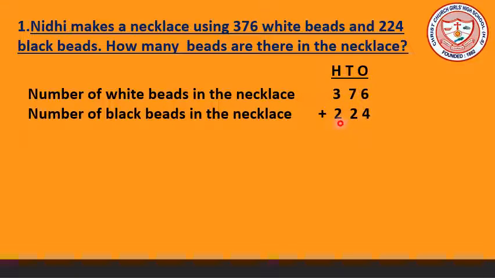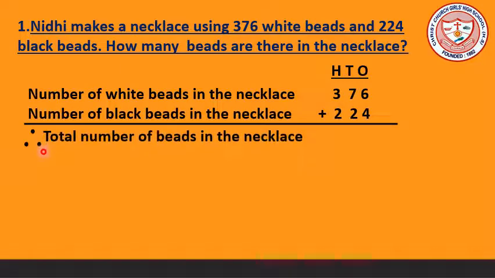Now, therefore, total number of beads in the necklace, 600. Why 600? If we add these two numbers, we are getting 600. Alright?